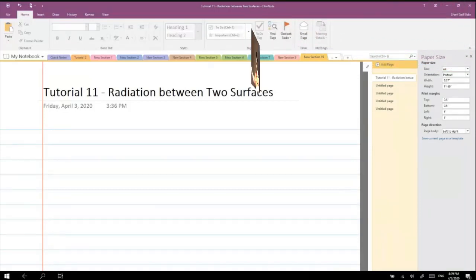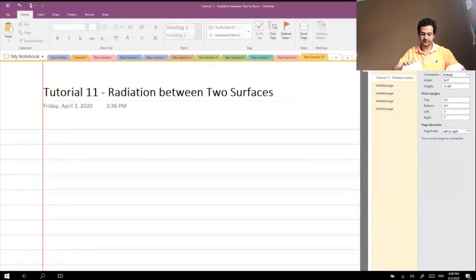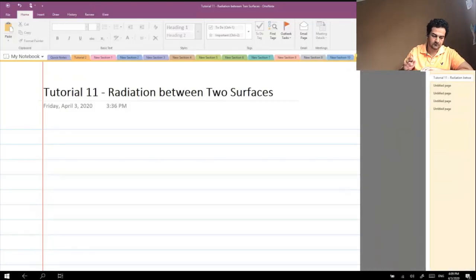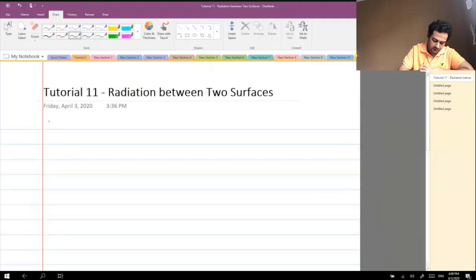Alright. Tutorial number 11, radiation between two surfaces. So the most important factor in radiation between two surfaces is the view factor, or sometimes we call it shape factor.